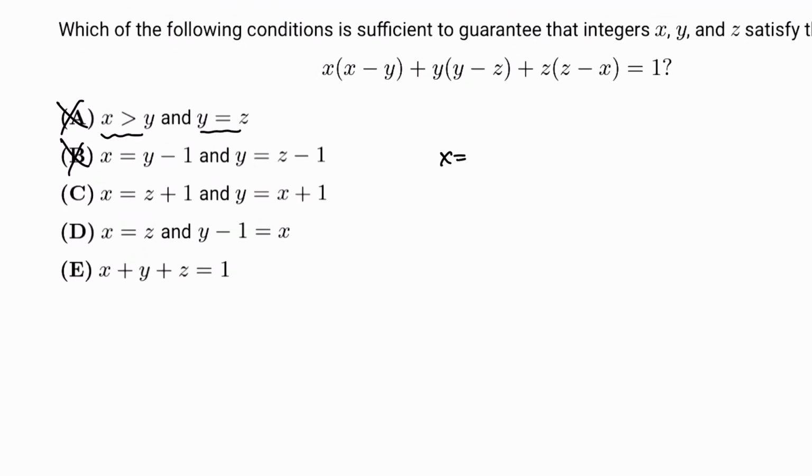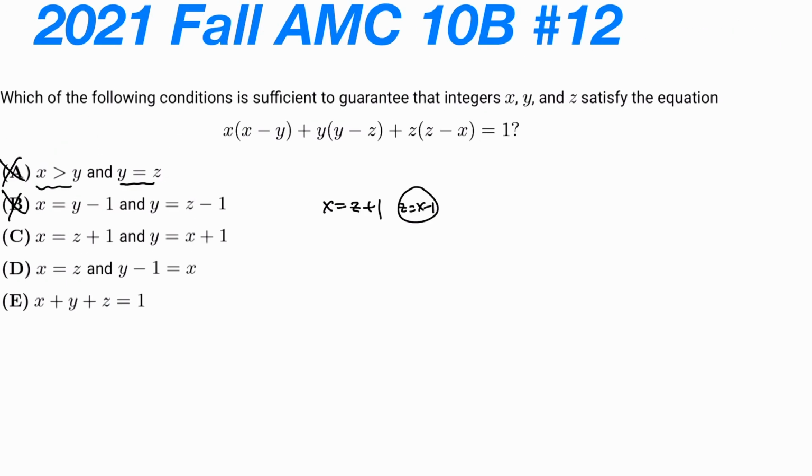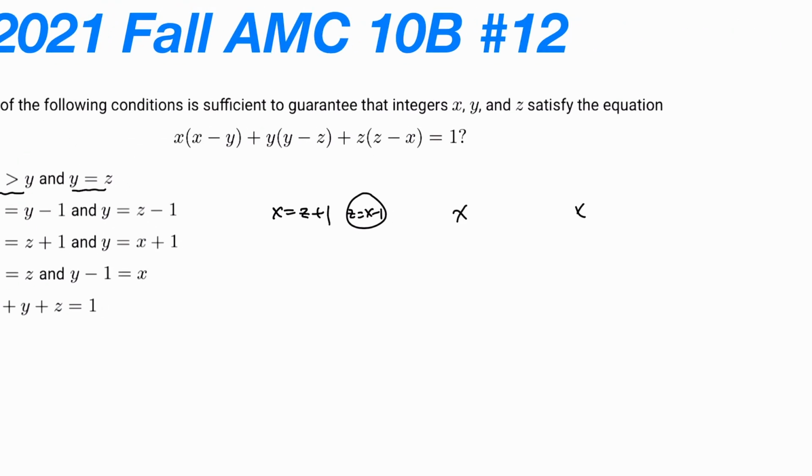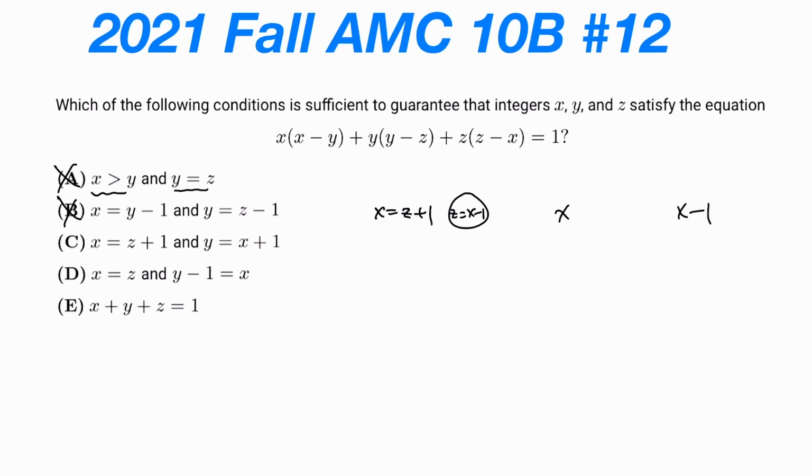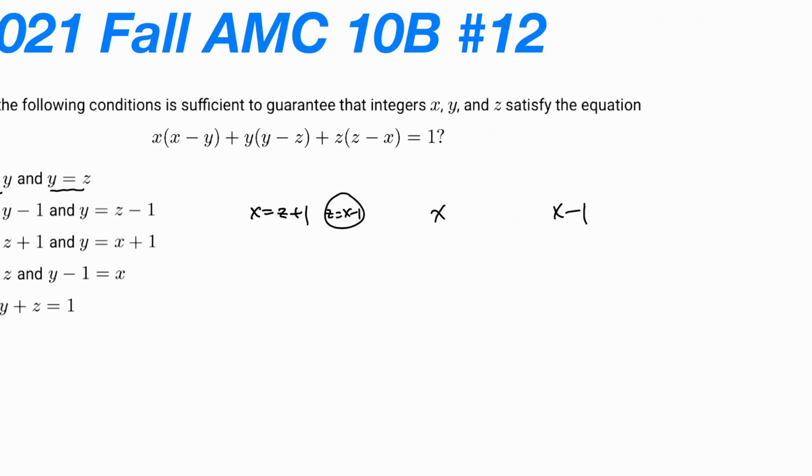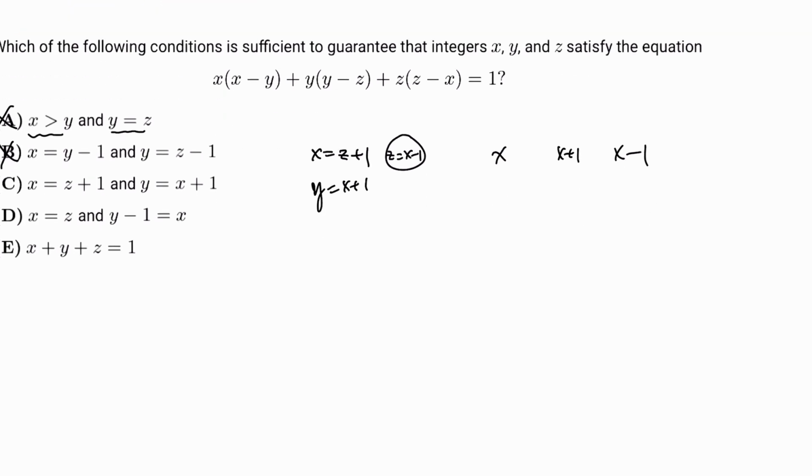For C, x is equal to z plus 1, so z is equal to x minus 1, and y is equal to x plus 1. If we plug that into our expression, we get x times (x minus y).